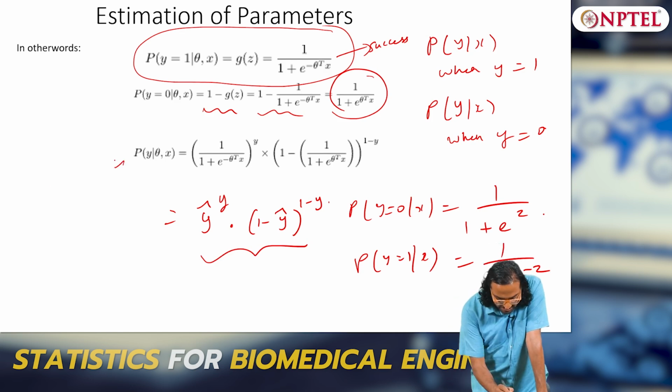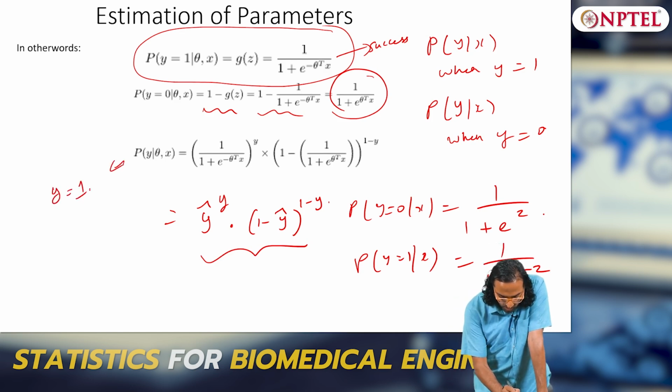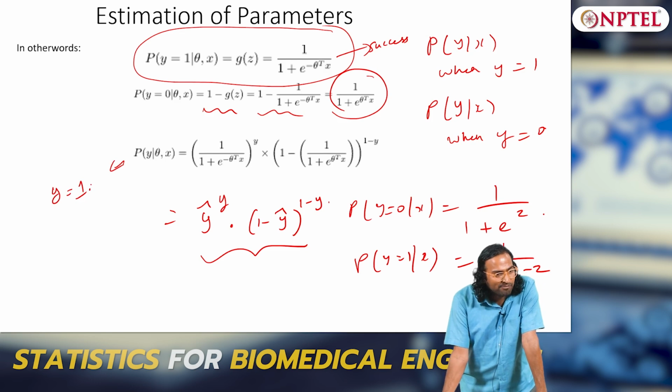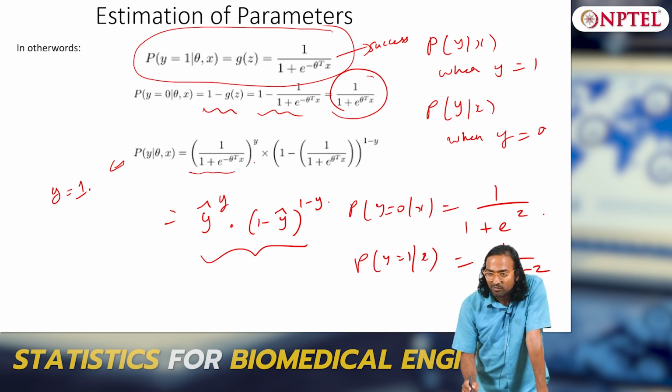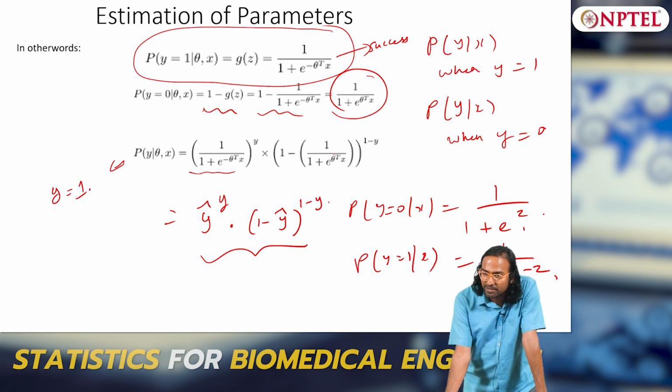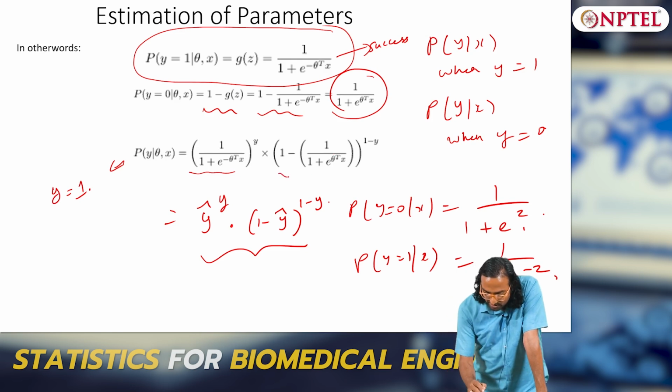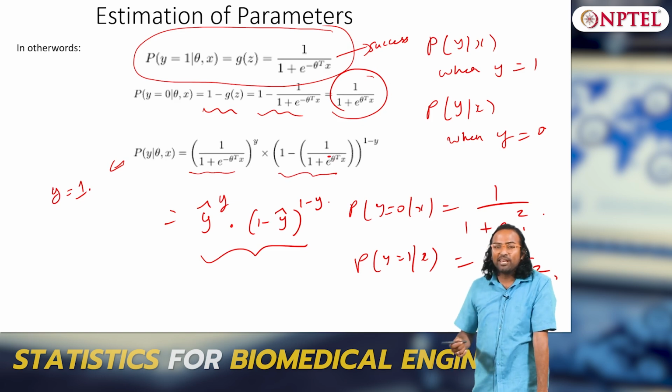So suppose in this function if y equals 1, what happens? Which function becomes active? First function becomes active. That is what you want when y equals 1. When y equals 0, which function becomes active? This part, this is minus, right, this part, this is what you want when you want y equal to 0.